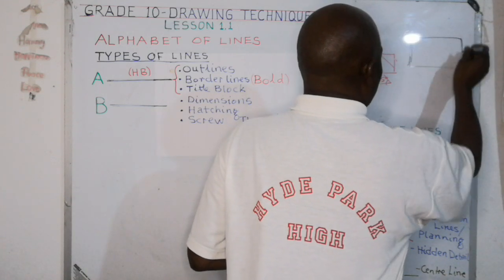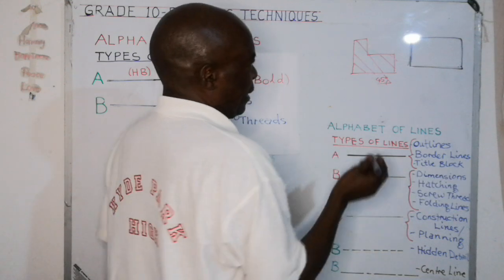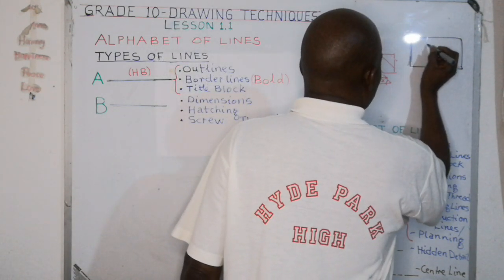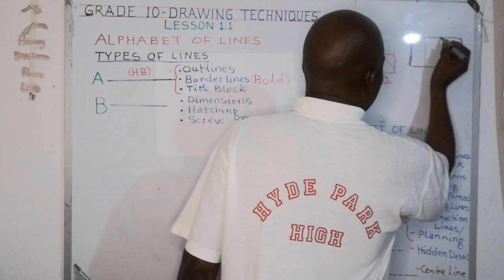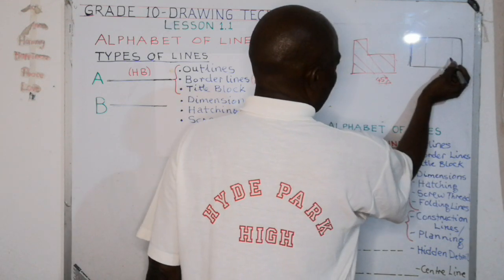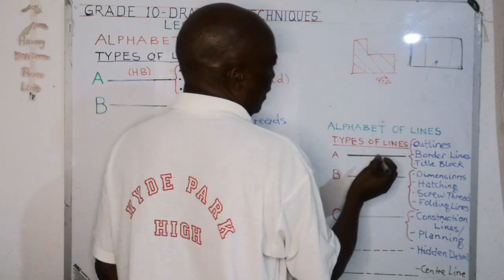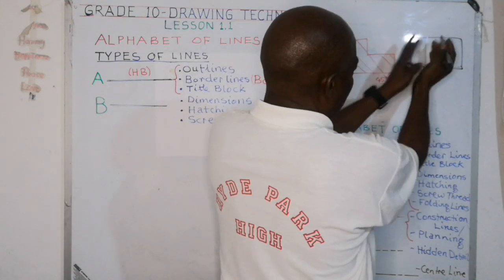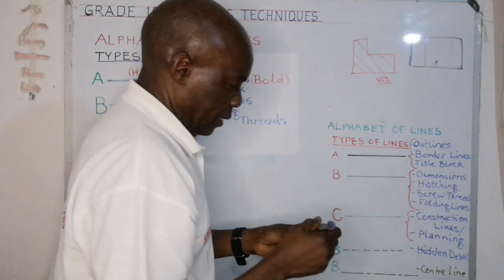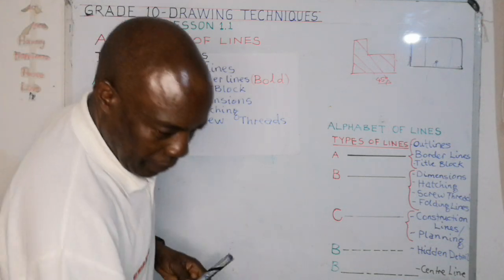Let's say this is a development whereby we have unwrapped it, and then you have these fold lines. They are faint, they are not as bold as the outline. These are fold lines, right? So that you can actually fold it there and it makes a corner, makes a corner there, makes a corner there. So those are fold lines.